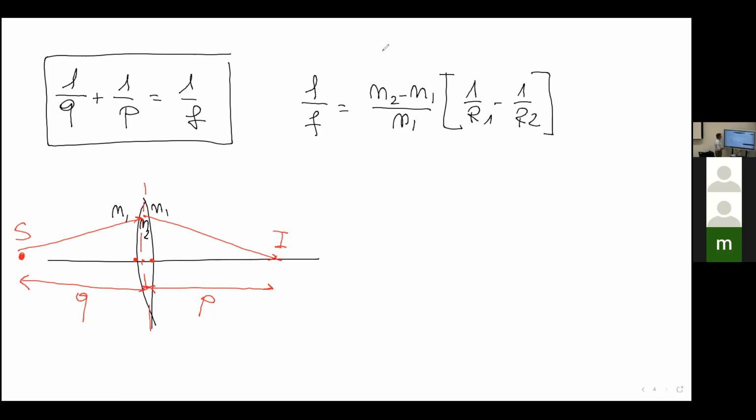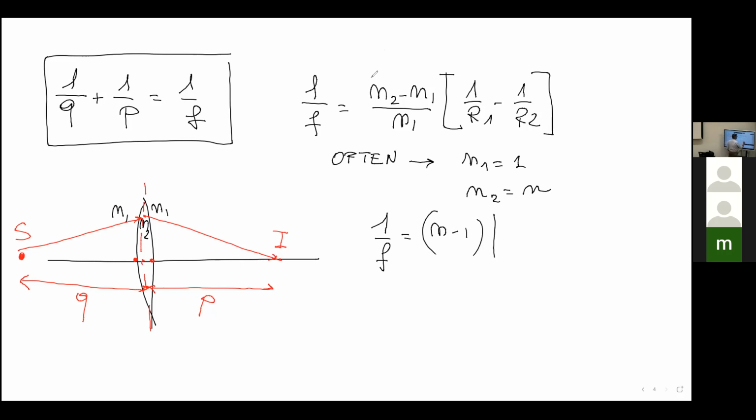Okay? Now, very often you work in the case in which you operate in air. So the external medium is air with refractive index 1. The lens is made out of a glass, and you generically call the refractive index n. And so the inverse of the focal length is n minus 1 times 1 over R1 minus 1 over R2. Okay?